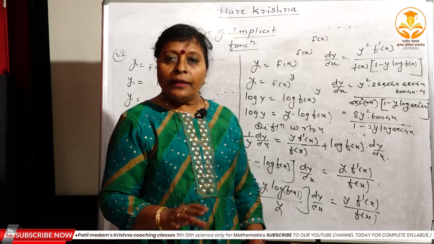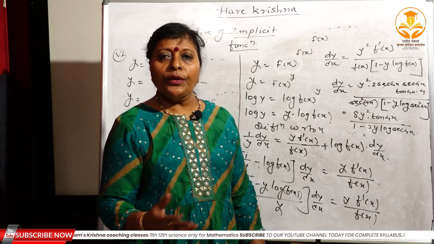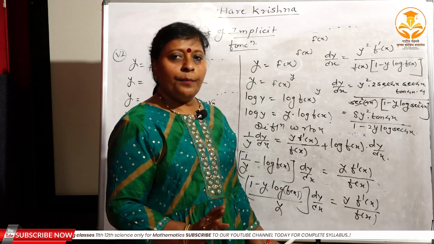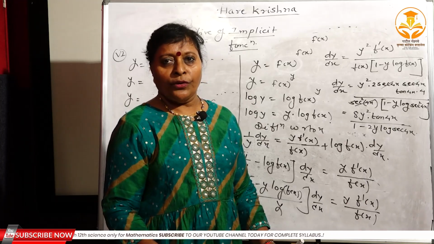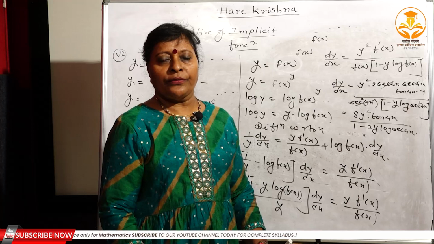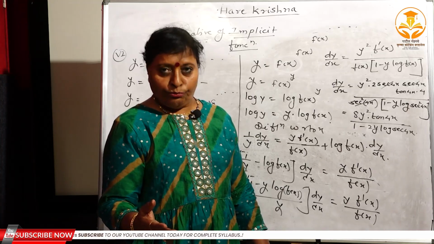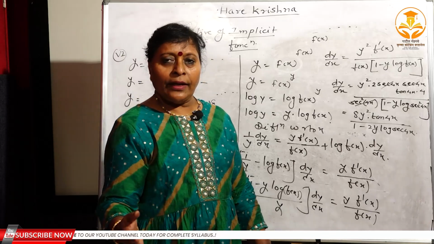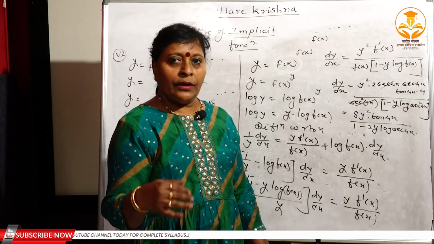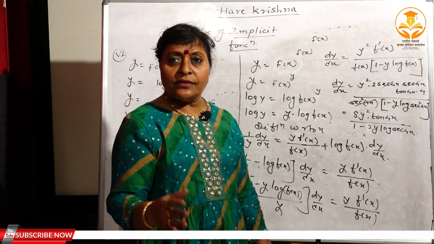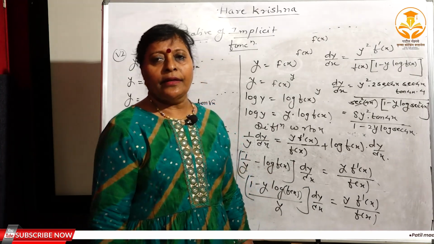So in the next session I am going to continue the implicit function, right? This is implicit function part 1, and the next 2 parts I will take in the next sessions.